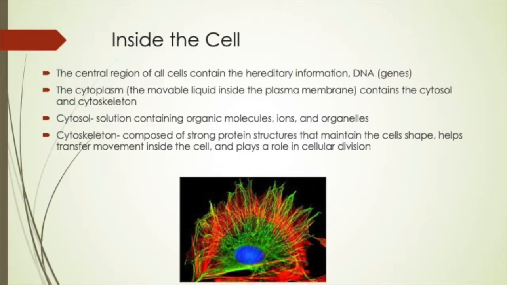Inside the cell, right, we have the DNA, cytoplasm. The cytoplasm is the movable liquid inside the plasma membrane. It's just basically everything inside the plasma membrane. It contains the cytosol, which is just the solution, right? Including organic molecules, ions, and organelles.